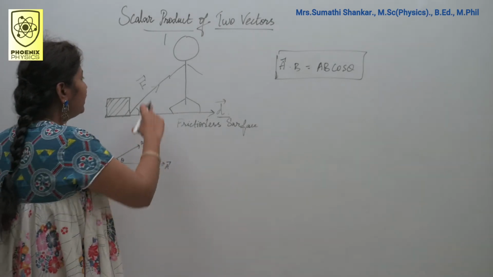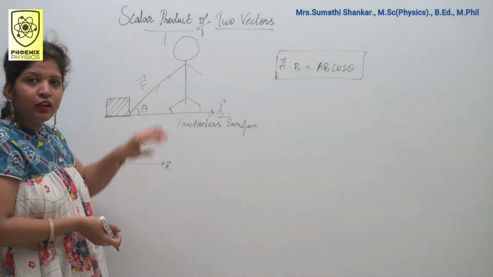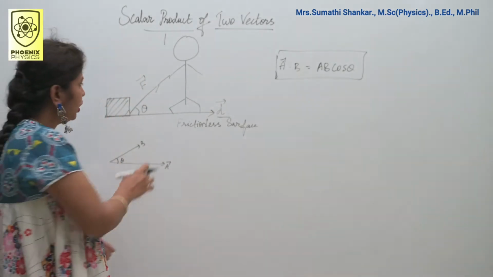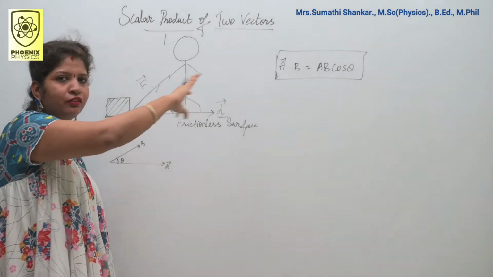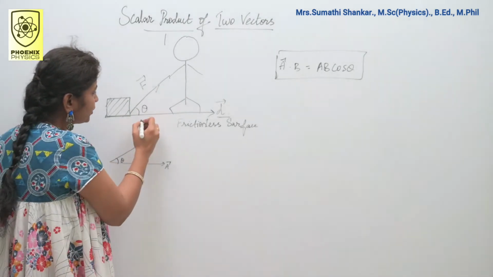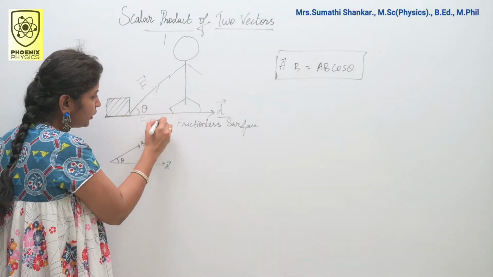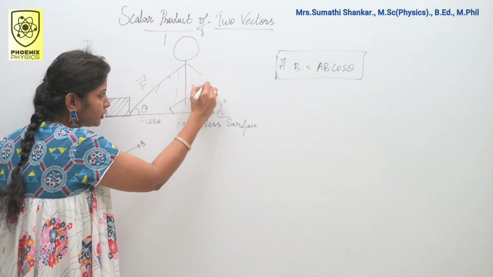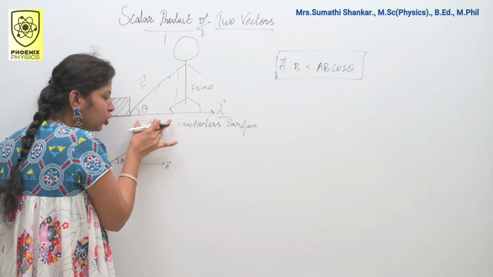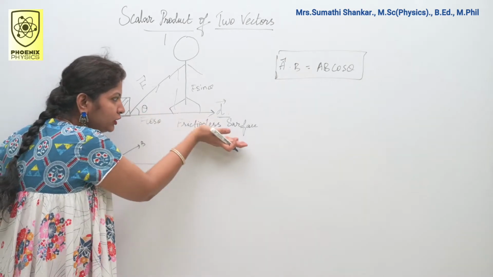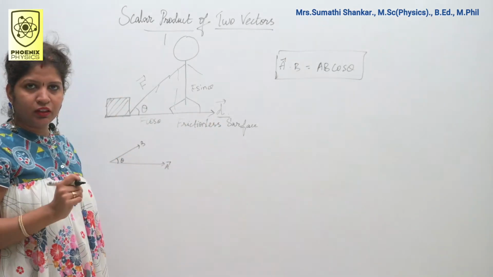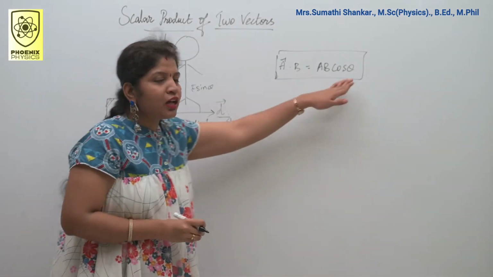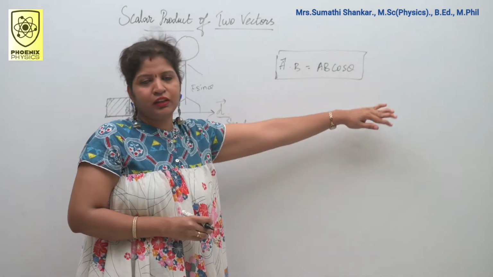That is why we are dividing the force vector into two components, horizontal and vertical. So this is my horizontal component F cos theta and the vertical component is F sin theta. This horizontal component is along the displacement vector. That is why I have chosen cos theta instead of sin theta.